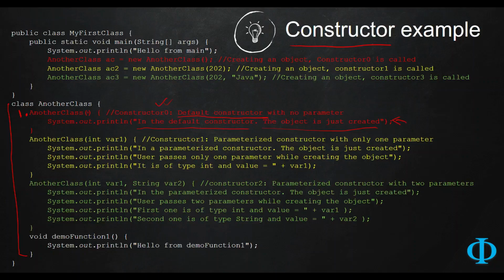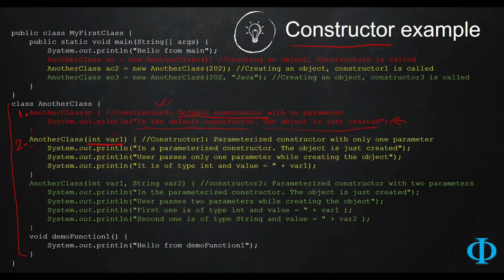After that, I have created a second constructor, which is number 2, this yellow colored one, which basically accepts one parameter called int var1. Well, you can give any name of your choice, but I have just used int var1.